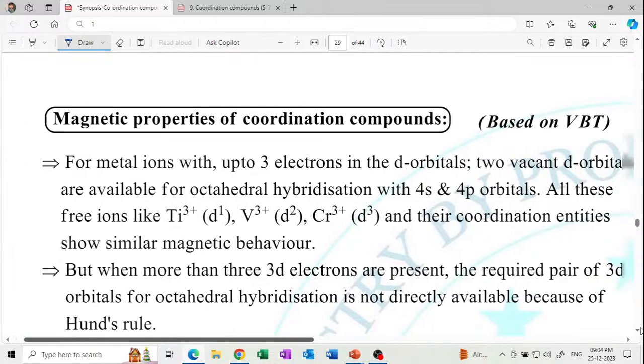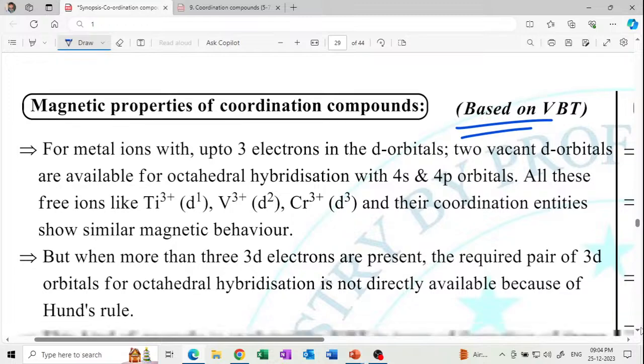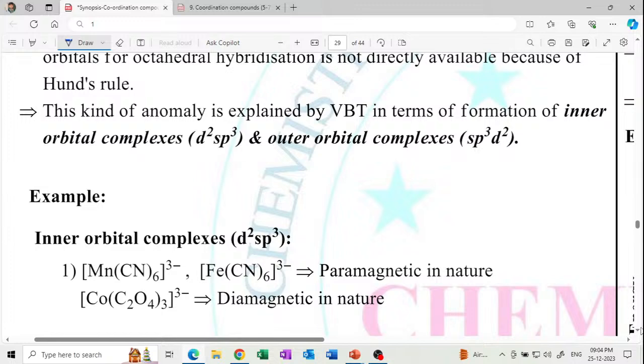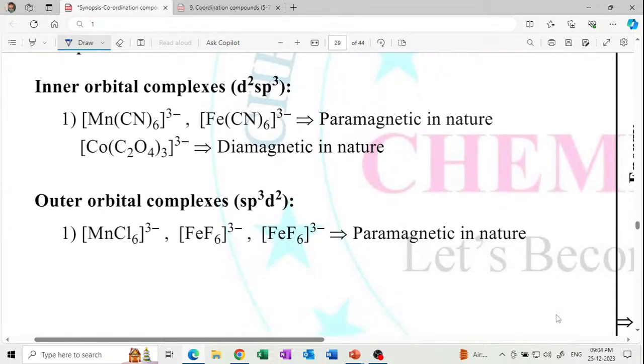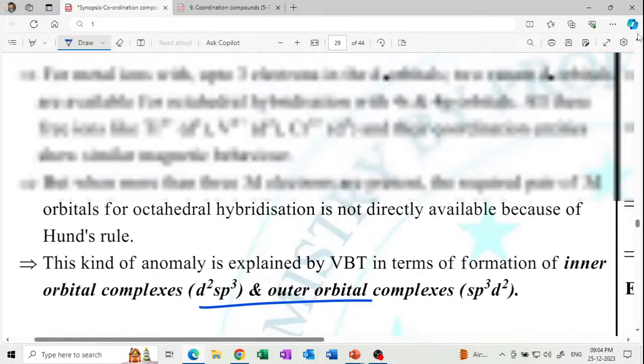Next are the magnetic properties based on VBT. So this is 3 unpaired electrons, then it shows a paramagnetic character. Inner orbital complexes are d2sp3. There are more examples of these. There are also some examples of outer orbital complexes. You can do them as an exercise. These are for your homework.